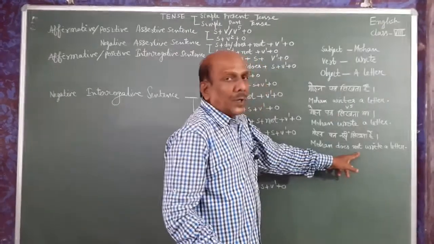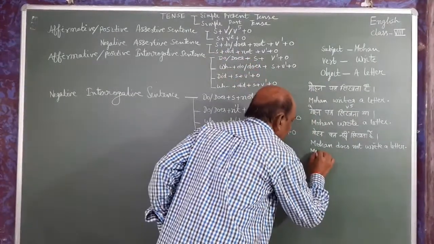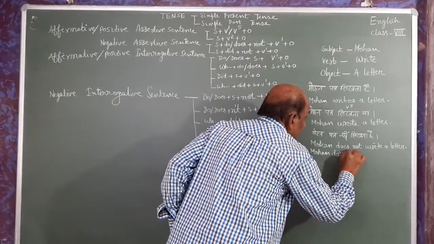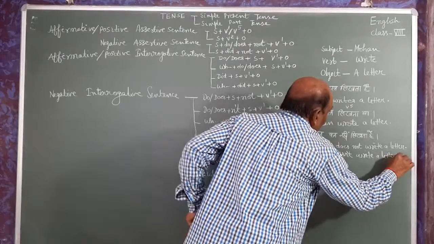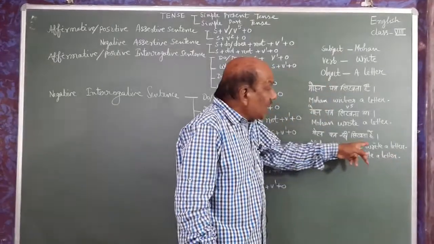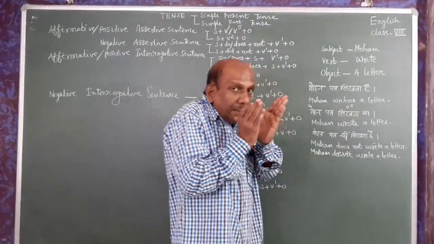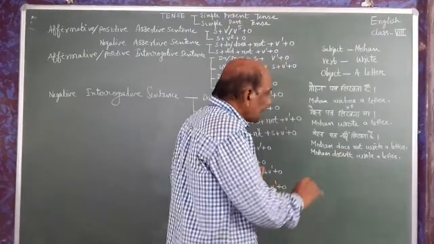See here the full form of not. We can use the short form also as Mohan doesn't write a letter. It is Mohan does not write a letter, but it is Mohan doesn't. See the pronunciation. Does not, doesn't.